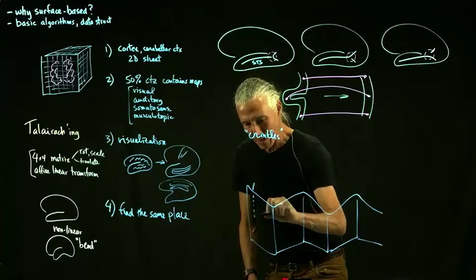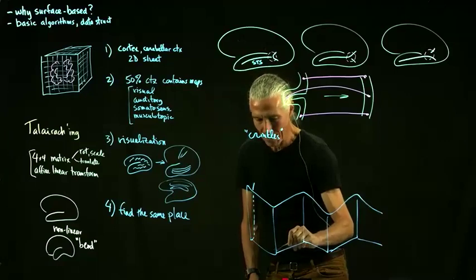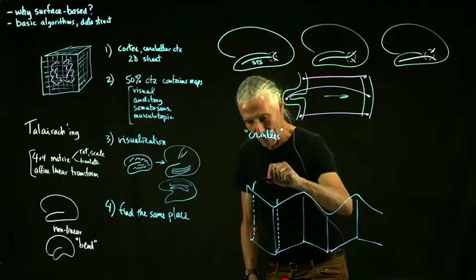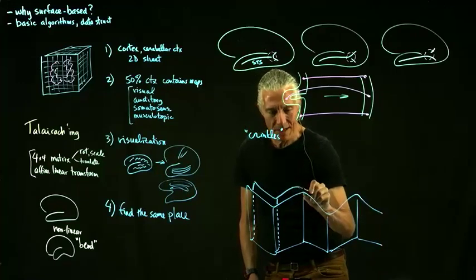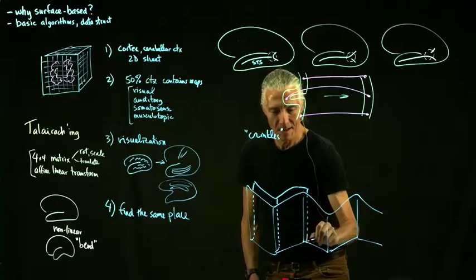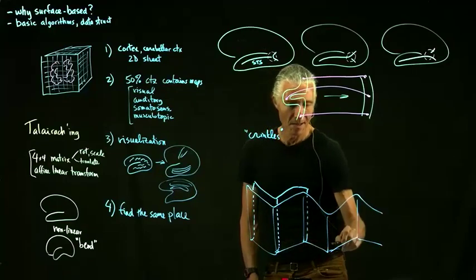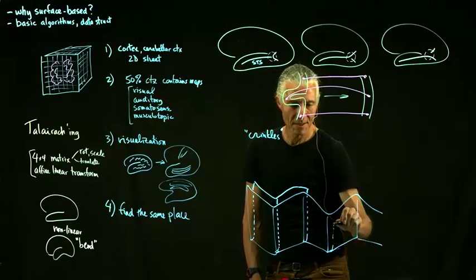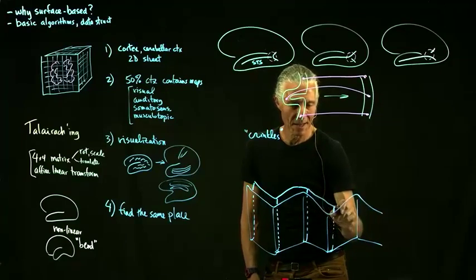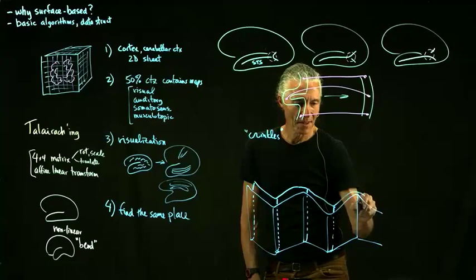It comes down like this, and then there's the bottom of it. So you have something that looks like this, with all these additional little crinkly things in it. And it's not uncommon for it to look like that.